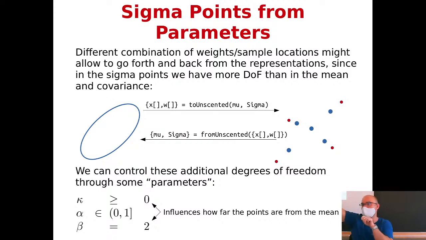Changing the weight will result in picking a point, maybe along the same direction. Now imagine that these sigma points, these samples, are drawn along the eigenvectors of this matrix. Then if I change it, I might move it either closer or further to represent the very same portion.